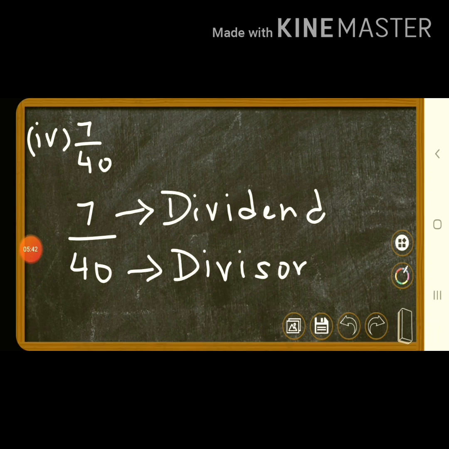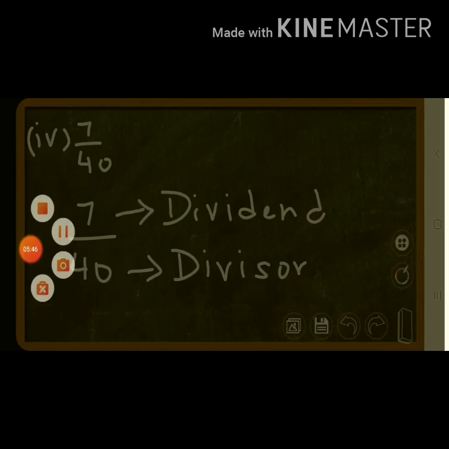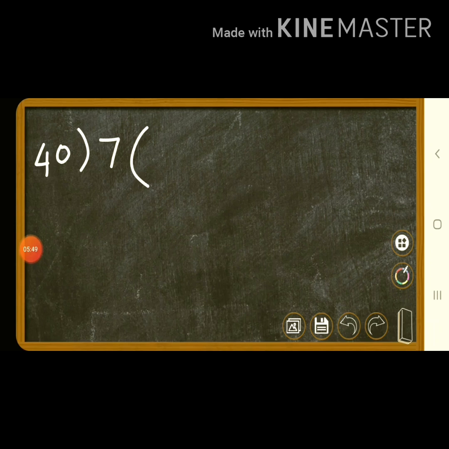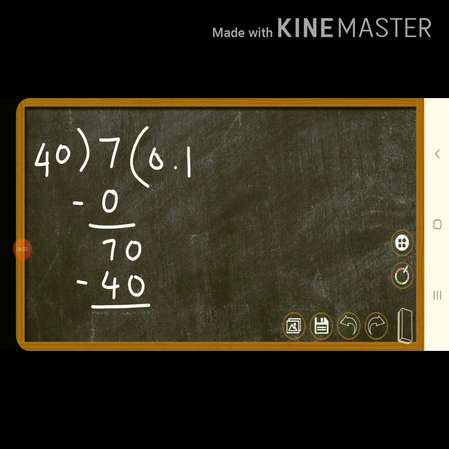Let's have a look at the fourth bit, 7 by 40. Here 7 is the dividend and 40 is the divisor. Let's continue with the division. 40 zeros is 0. Remainder is 7. Keep a decimal point. 40 ones are 40. Remainder is 30. So let's continue it here.